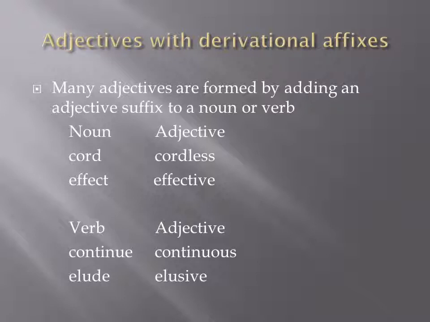Moving on to the derivational affixes with adjectives. This is a very, very common way to create adjectives. And sometimes, when you're thinking about what you do in the classroom, you can have some fun with this because this is one of the creative parts of English. It can be frustrating because sometimes the creativity that we show in trying to create these adjectives, not everyone goes along with, or there's another more common option. And here are some nice examples. Cord goes to cordless. Effect is effective. Continue, continuous. Elude, elusiveness.